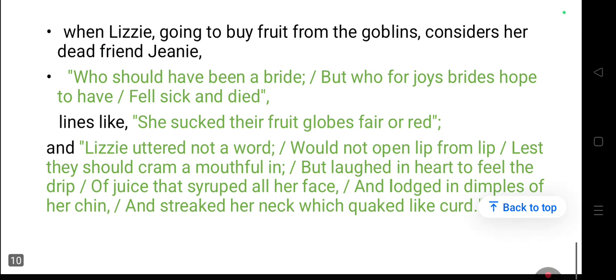Lines like, she sucked their fruit, globes fair or red. When Lizzie was caught by these goblin merchants, what happened? Lizzie uttered not a word, would not open lip from lip, lest they should cram a mouthful in, but laughed in heart to feel the drip of juice that syruped all her face, and lodged in dimples of her chin, and streaked her neck like curd.